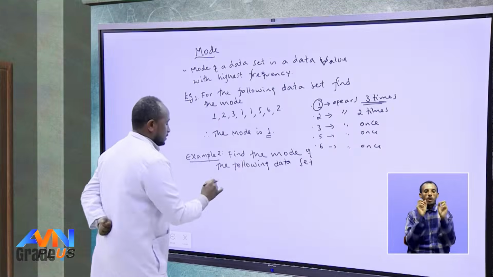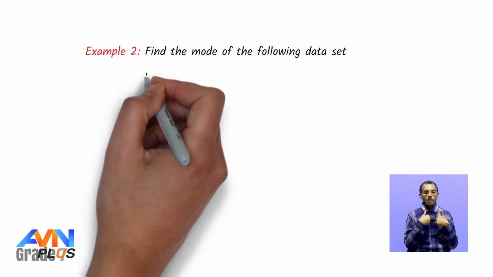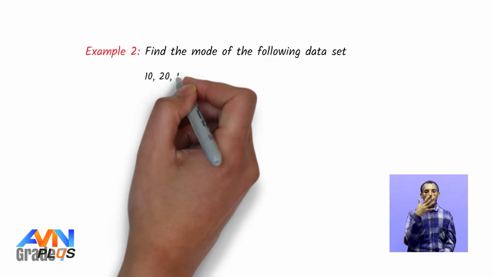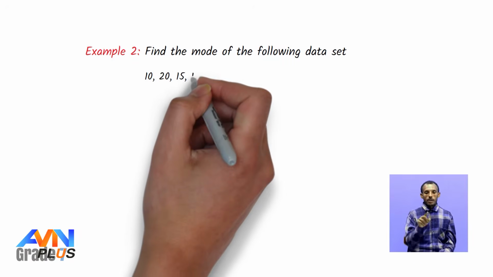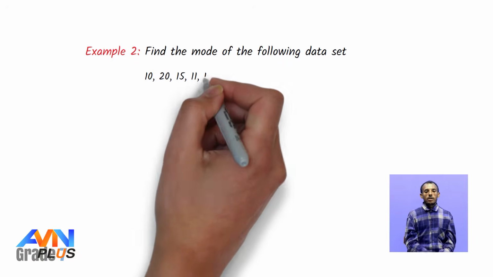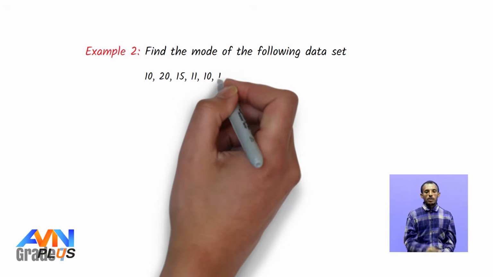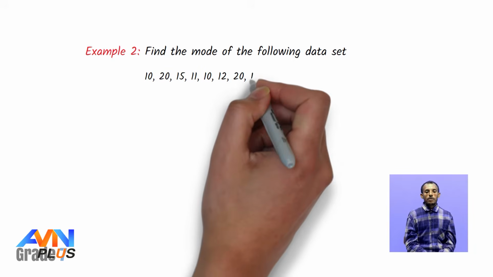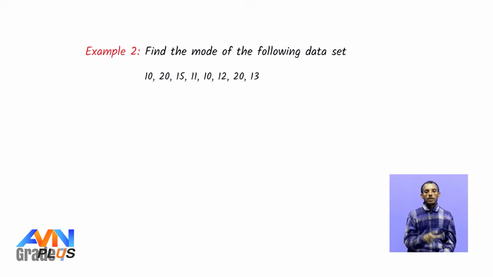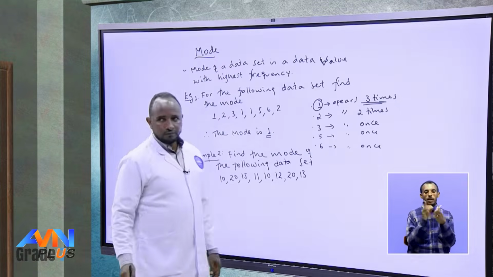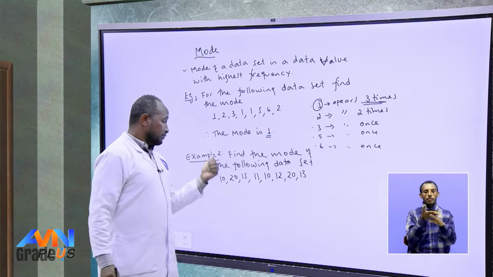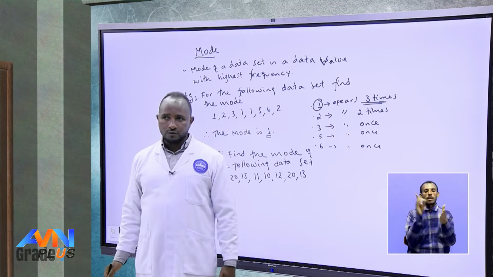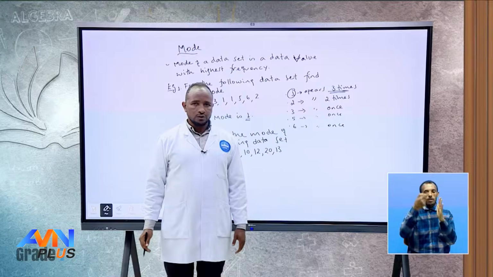Here you have 10, 20, 15, 11, 10, 12, 20, 13. This data set is given. Please try to find the mode of this data set. I will give you 30 seconds for this question.